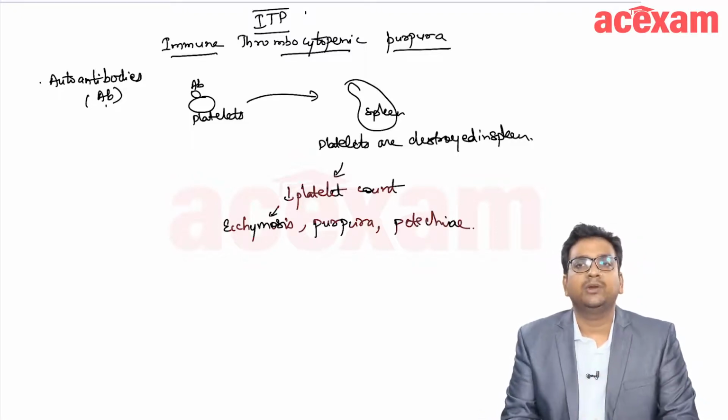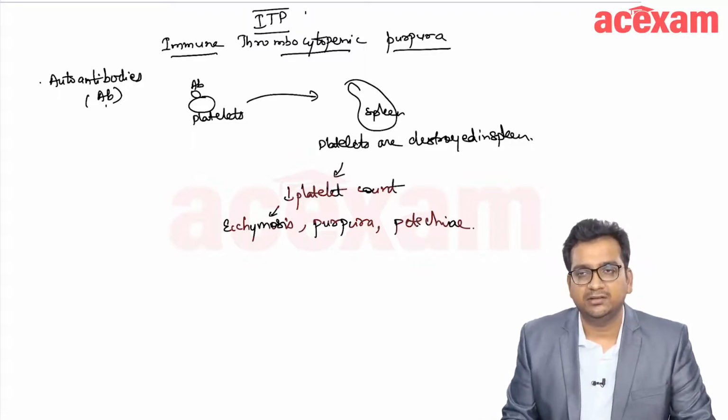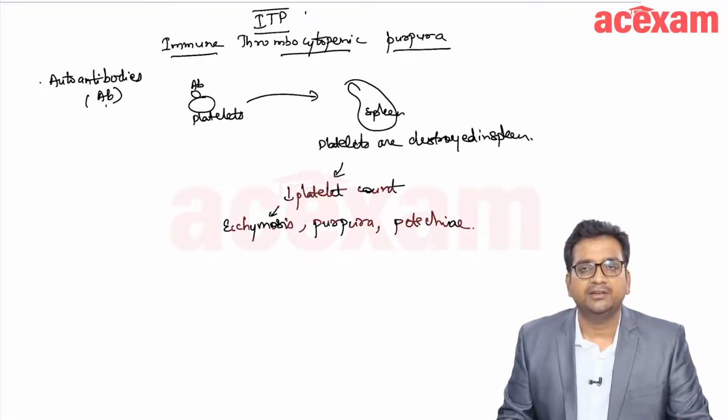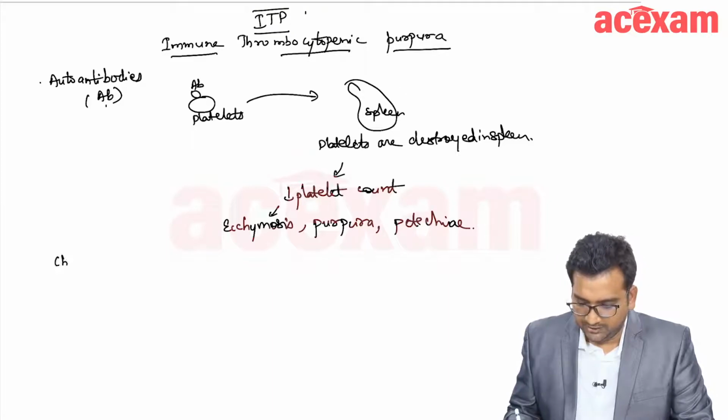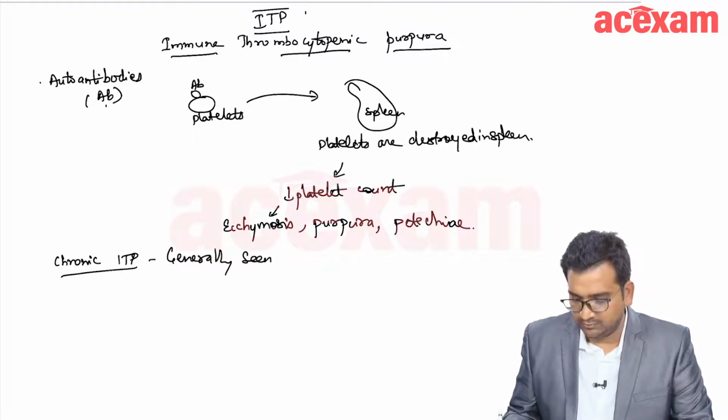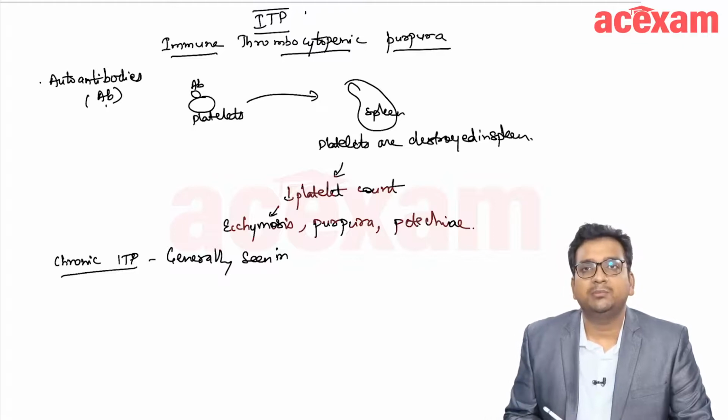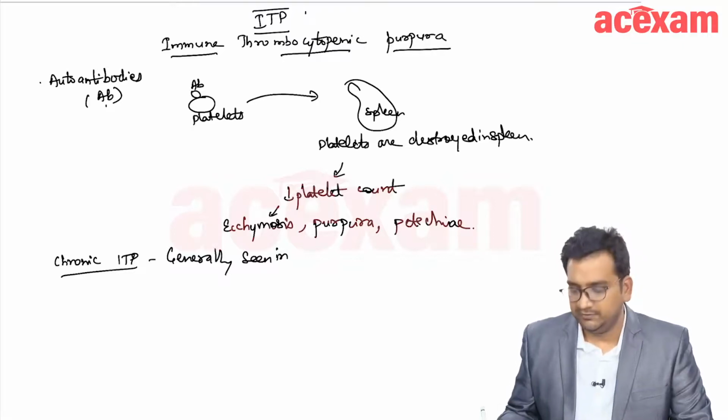Now, chronic ITP is generally seen in girls, and the patient generally presents with petechiae and purpura. Acute ITP is seen equally in males and females.